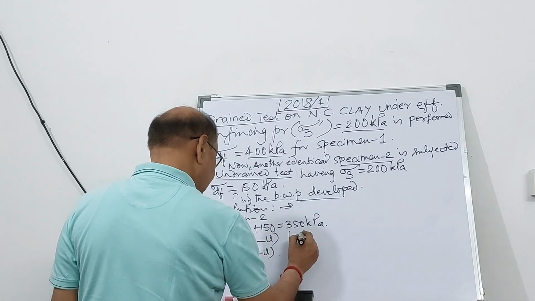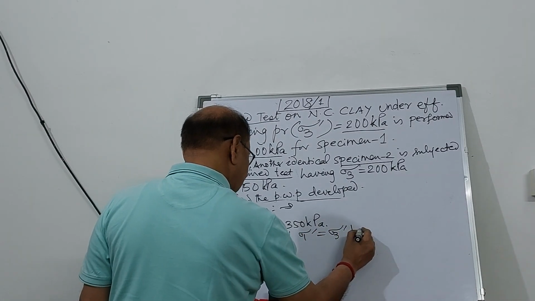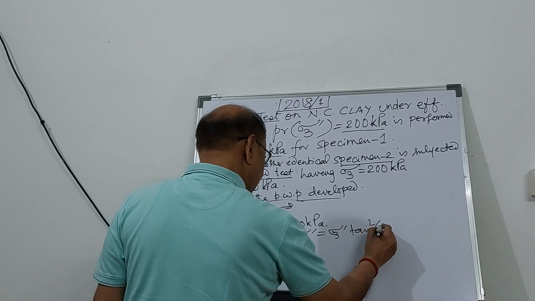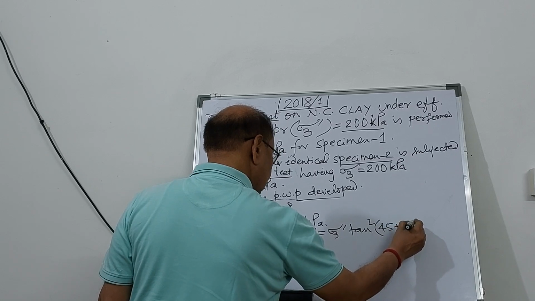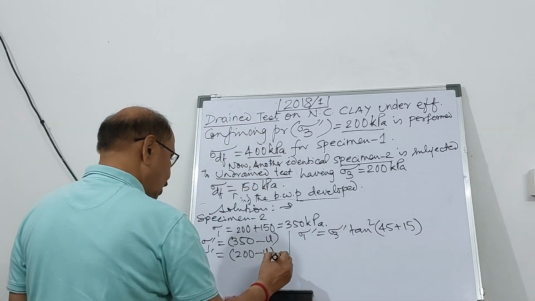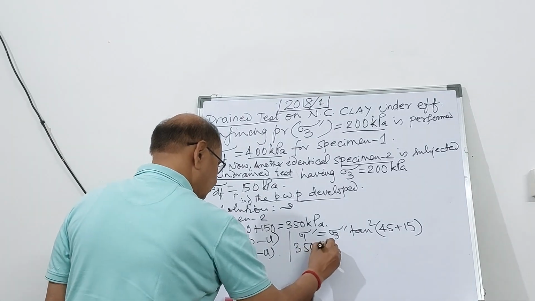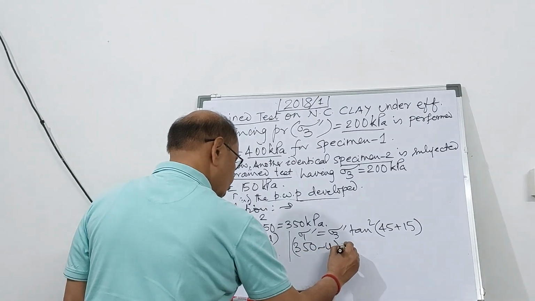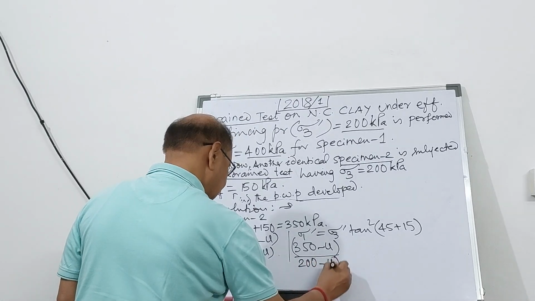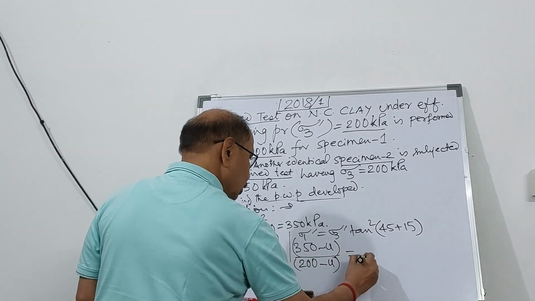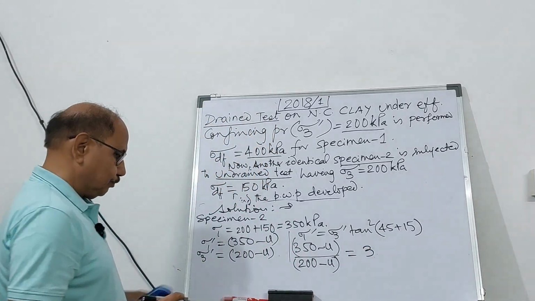So the relationship: sigma 1 prime equal to sigma 3 prime tan square (45 plus phi by 2), or (350 minus u) divided by (200 minus u) equal to tan square 60, isn't it?